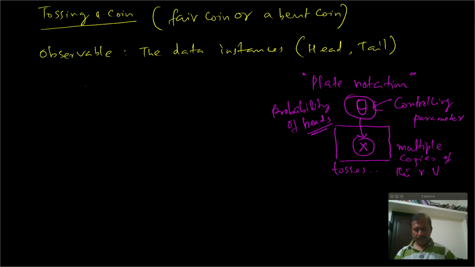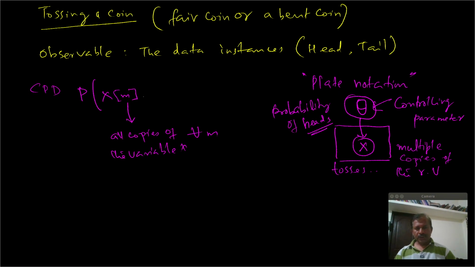So the conditional probability distribution, the CPD, in this case we can represent as probability of x, for all copies of the variable x, for all m, taking a value of heads given theta, right?